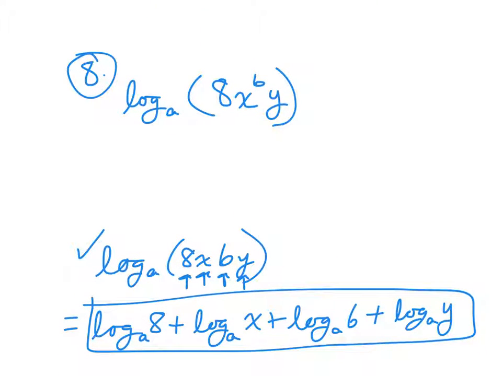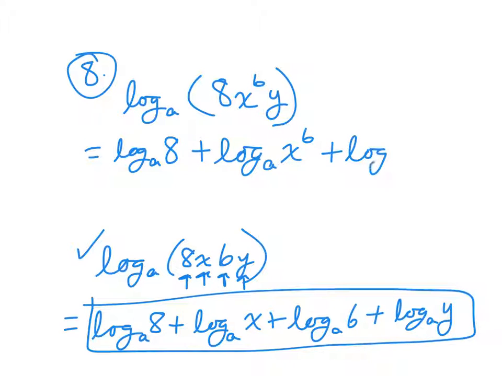If you interpreted it in this fashion, at the top, then you'd split it into 3. You'd have the log of 8 base A plus the log of x to the 6th base A plus the log of y base A, but then that 6 you can pull out in front of the logarithm.